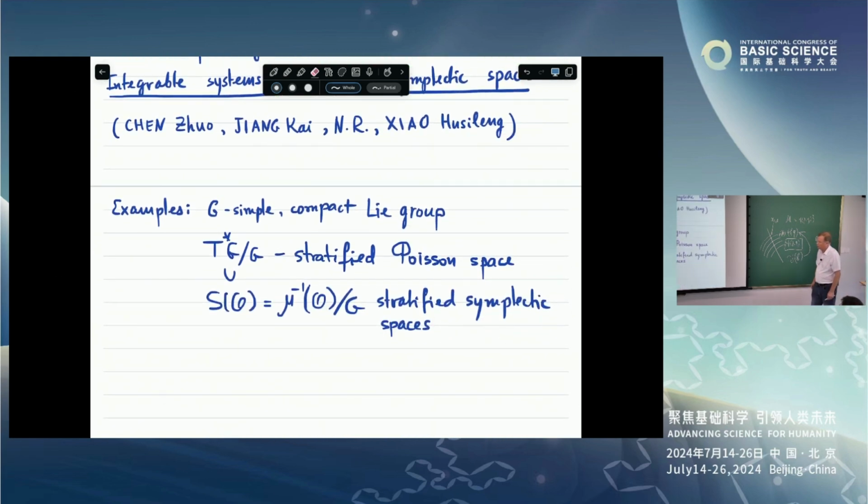So say, for example, G is simple and compact, then the quotient space, you want it to be a Poisson manifold, but it's not a manifold. It's a stratified Poisson space. The symplectic leaves, you want them to be symplectic leaves in the usual sense, but they're not. They're stratified symplectic spaces.